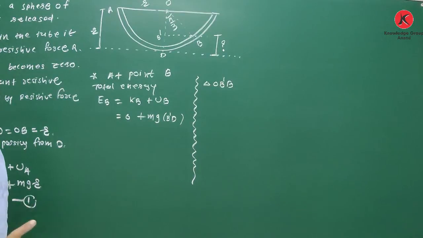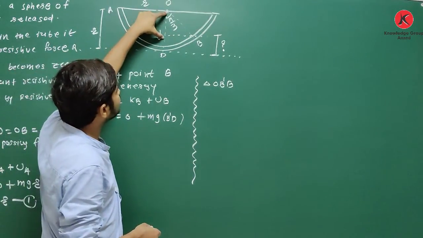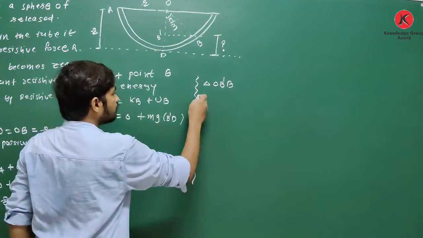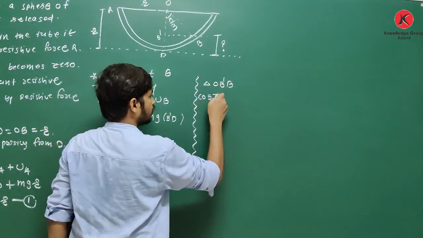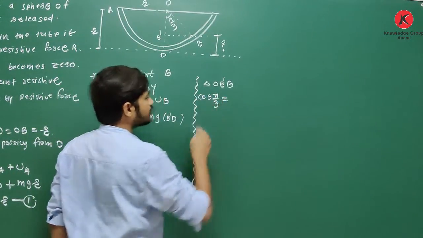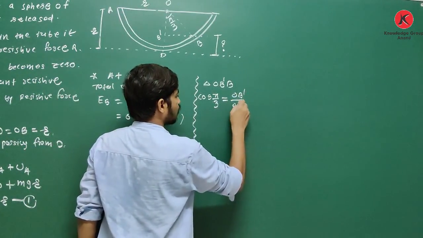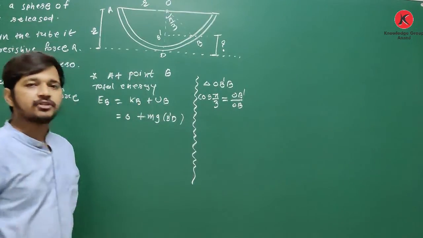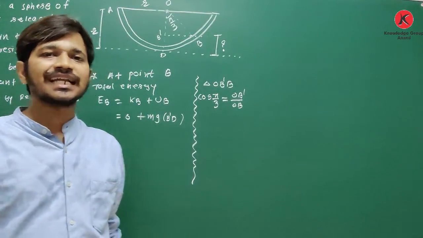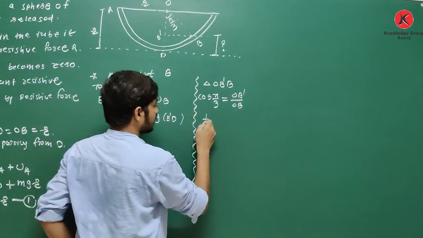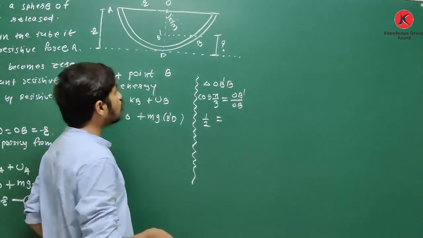So which trigonometric function should you consider, sine, cos or tan? For pi by 3 with adjacent side and hypotenuse, obviously it is cos. So cos pi by 3 is equal to OB dash upon OB. Cos pi by 3 means cos 60, and cos 60 is 1 by 2. So 1 by 2 is equal to OB dash upon OB.